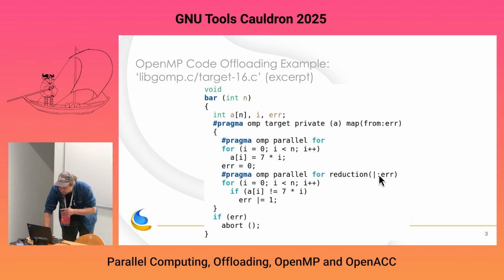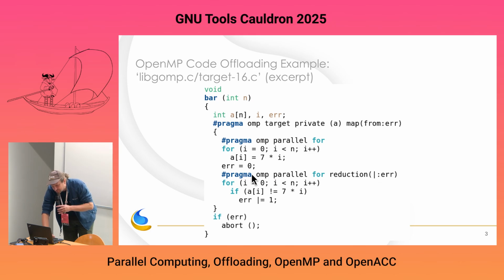So this means the error variable is private for every single iteration of this for loop that runs in parallel, and at the end all the individual error instances of this variable are combined with an OR operation.